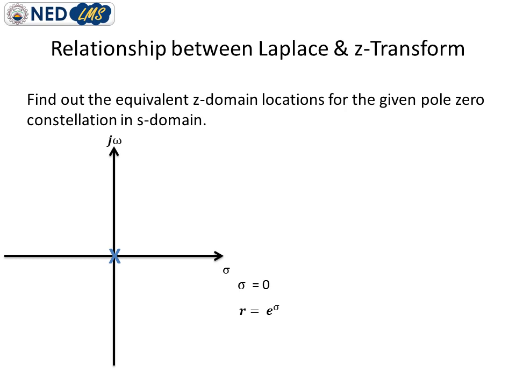I just have to determine the value of the radius of the circle at which this pole will be marked. For this, sigma is equal to 0 is considered, and I put the value in the formula. R is equal to e raised to the power sigma, and sigma is equal to 0 as given in this S plane.